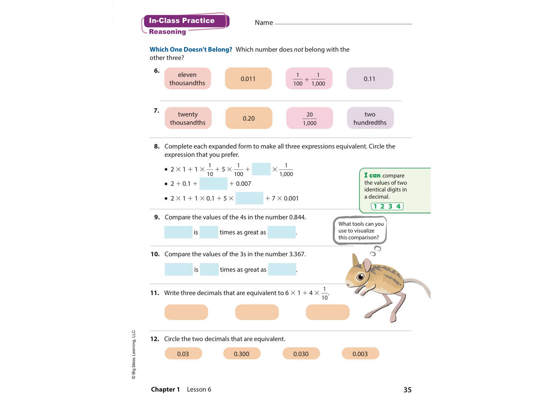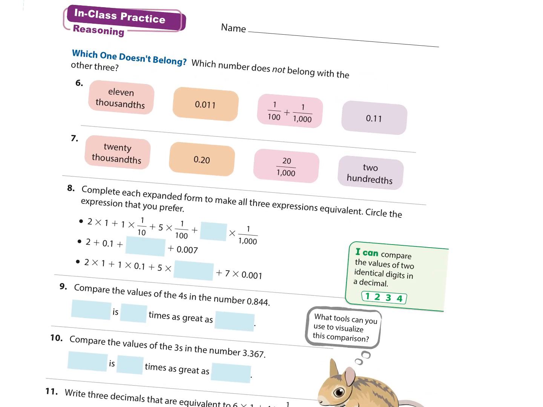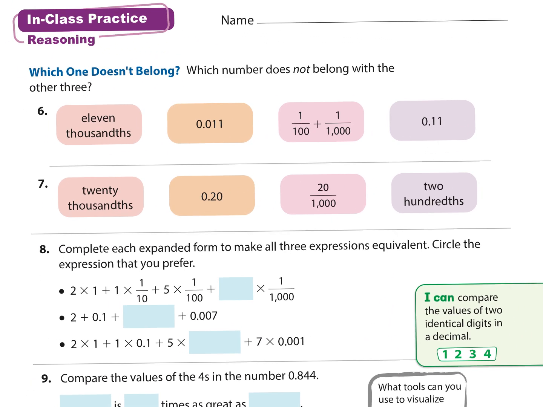It says which doesn't belong. Which number does not belong with the other 3? I have 11 thousandths. How do I read this number? 11 thousandths. I have 1 hundredth plus 1 thousandth.